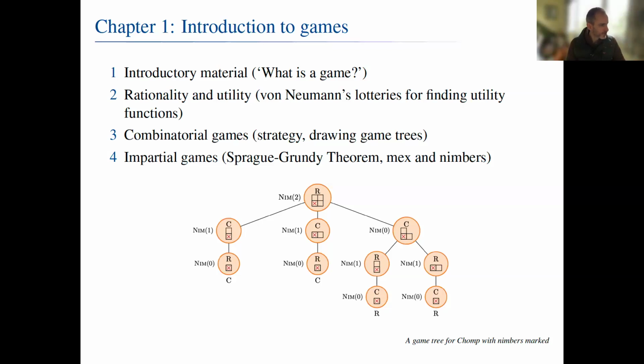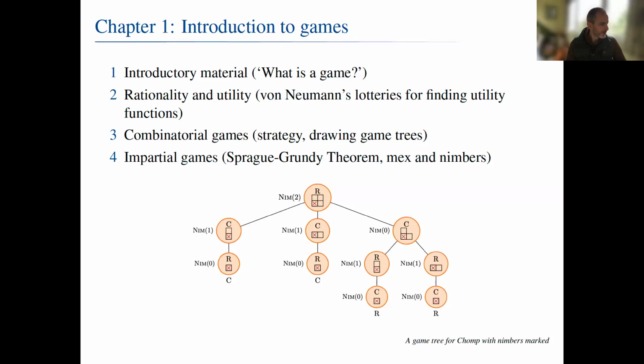And then we went on to combinatorial game theory in the second half. So some generic combinatorial games with drawing game trees, this sort of thing. Lots of lovely space for really rigorous proofs in here, where you can talk about winning strategies for particular games.